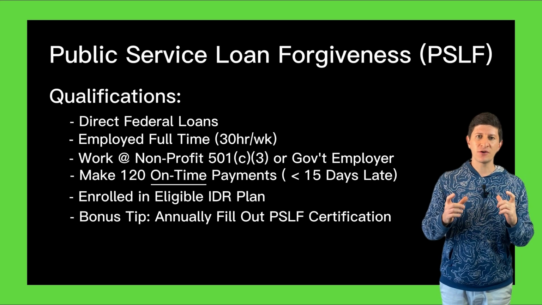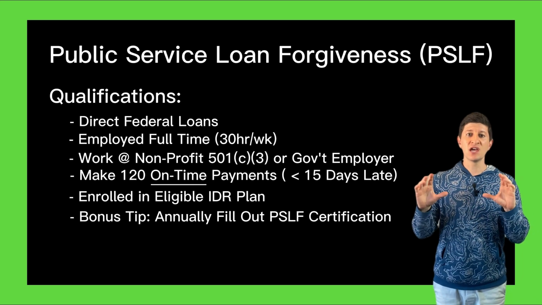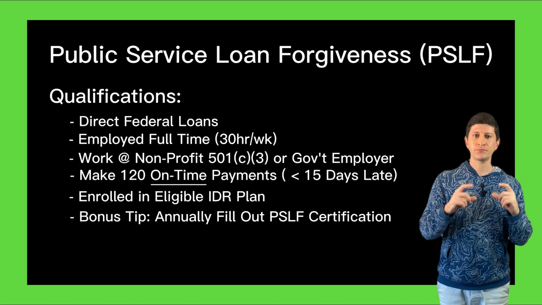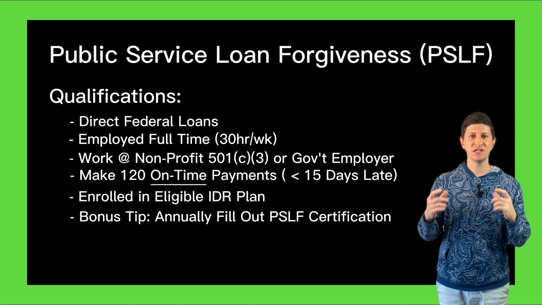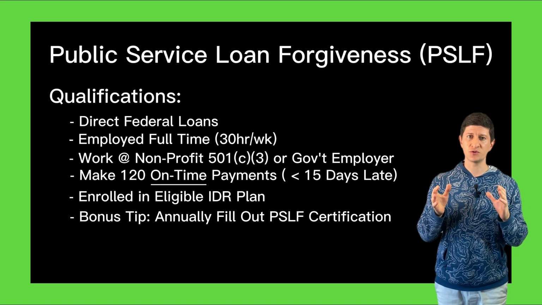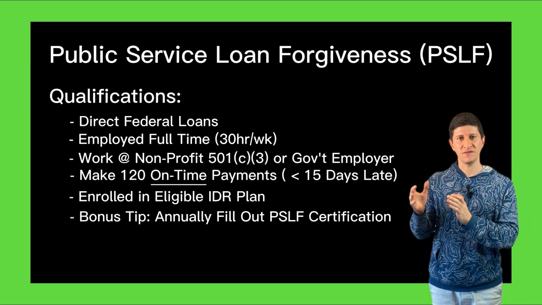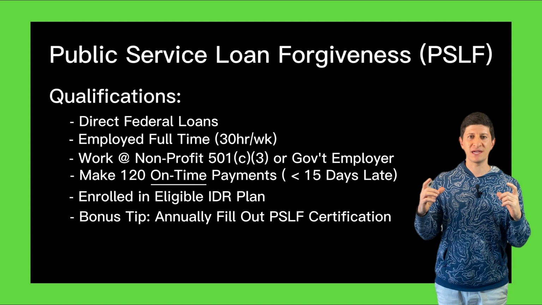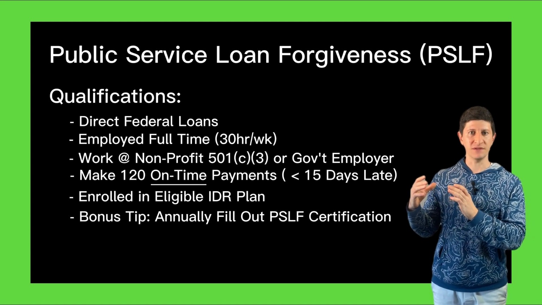And if you follow those requirements, at the end of 10 years, your loans get forgiven, tax and penalty free. And that is a huge deal because unlike income-driven repayment plans, where you have to pay 20 or 25 years to get your loans forgiven, under those two plans, when you get your loans forgiven, it is a taxable event.